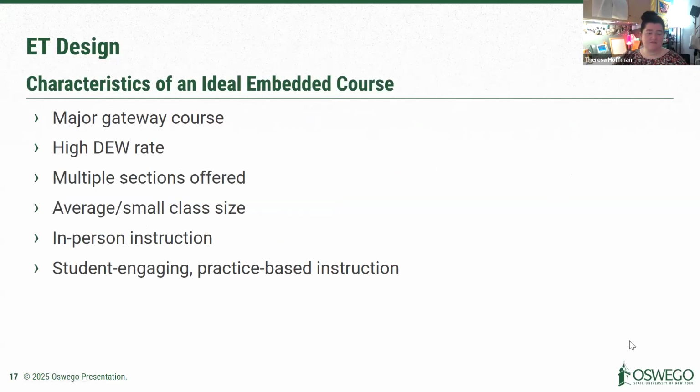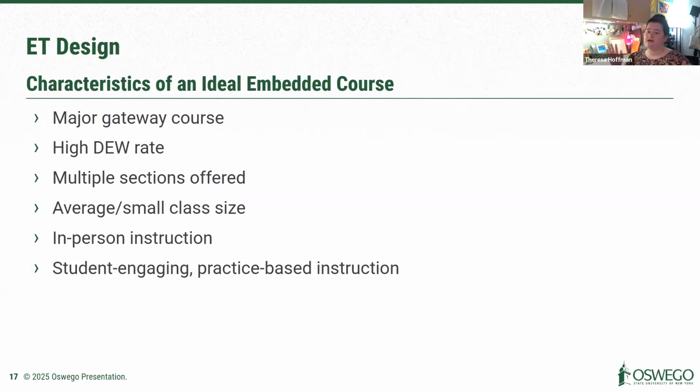Then I have some characteristics of an ideal embedded course. It's a major gateway course leading to other math courses or courses in general, with a high DFW rate, where students are getting D's, E's, or withdrawals. Multiple sections are offered so that the embedded tutor can reach more students, maybe with that same course and same professor. It has an average or smaller class size.